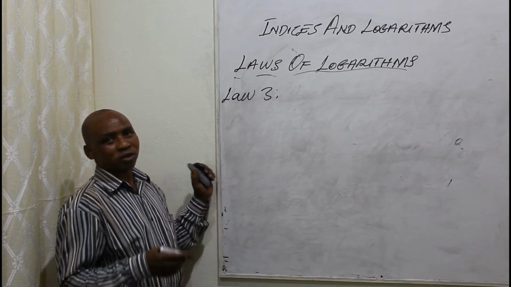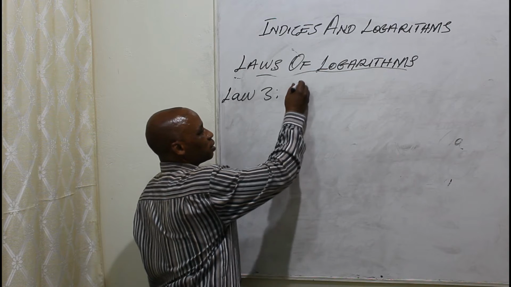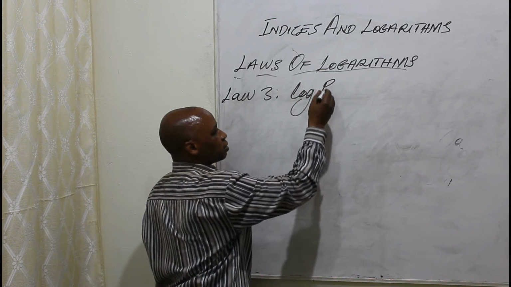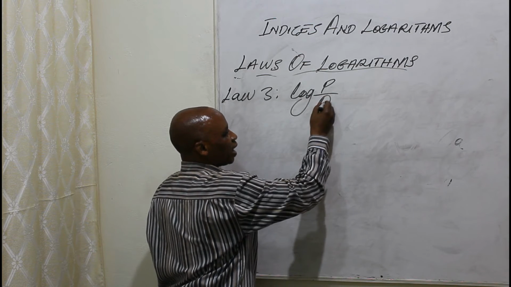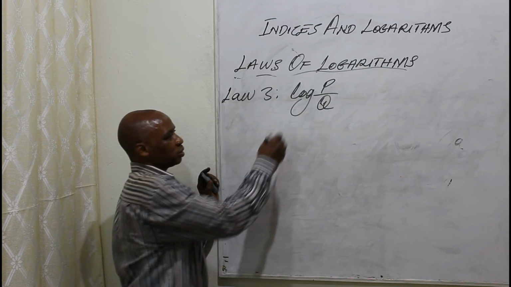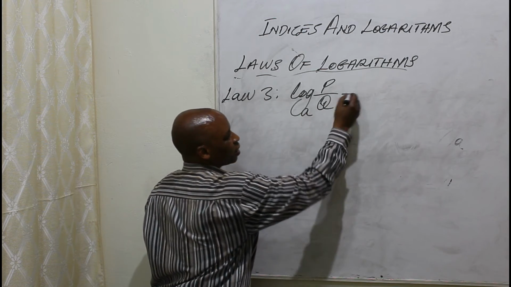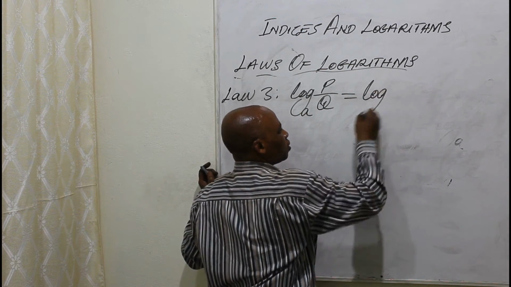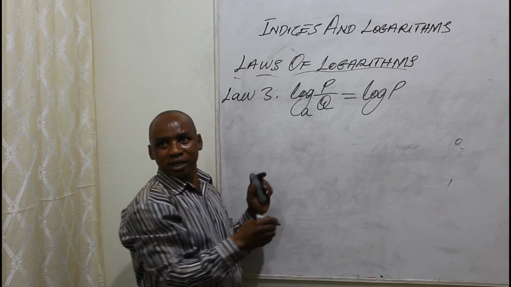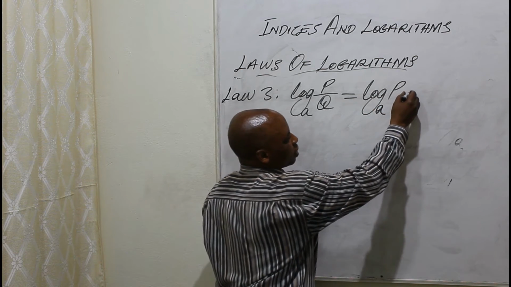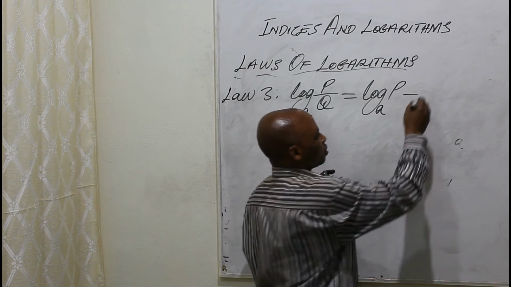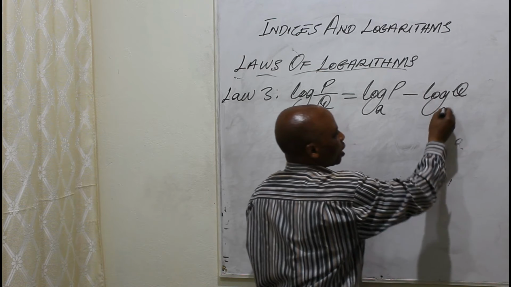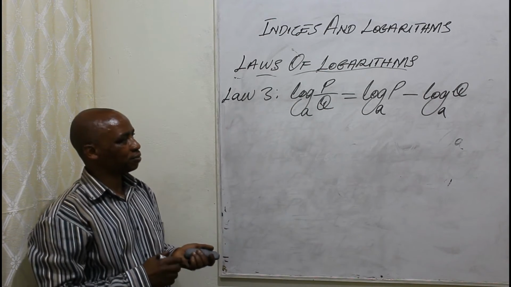So mathematically it goes like this. The log of a number, say p, divided by a number q to base a is always equal to log p base a minus log q to base a.